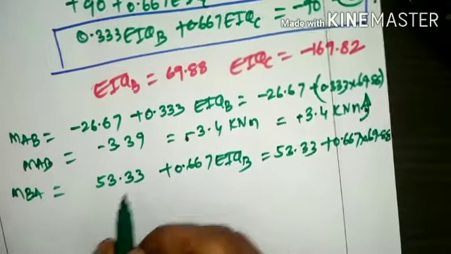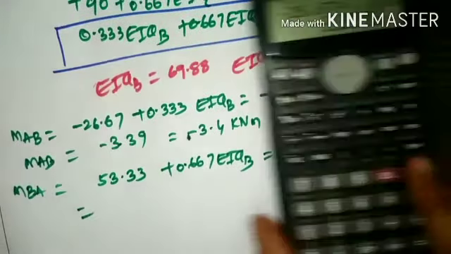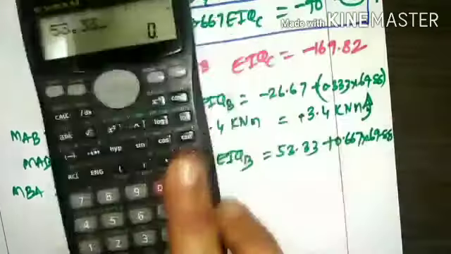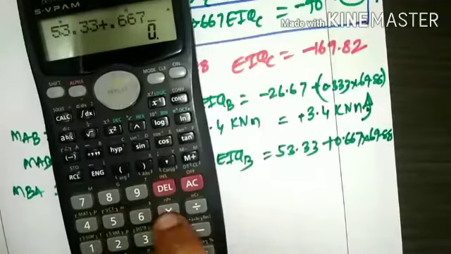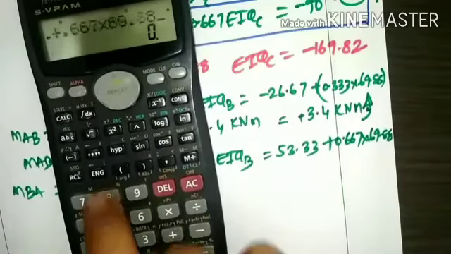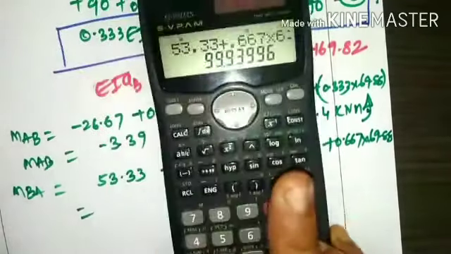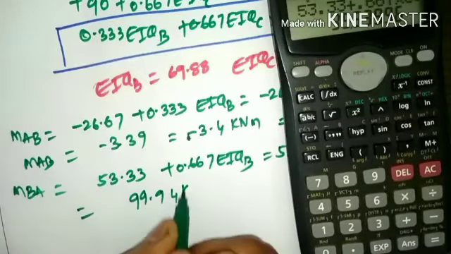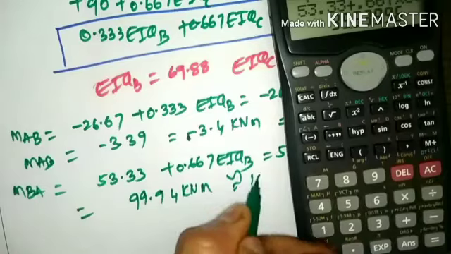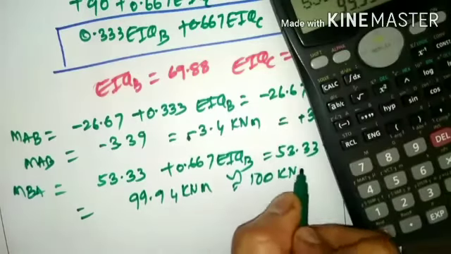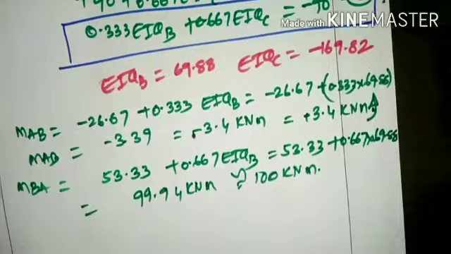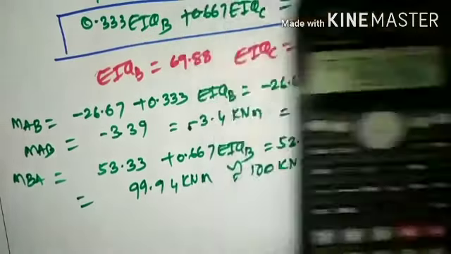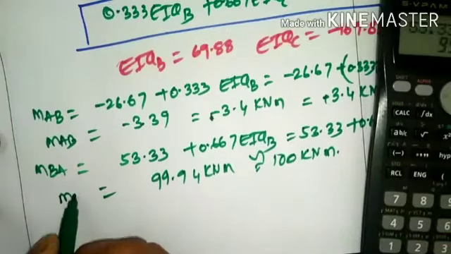This value comes out to 99.94. You can also take it as approximately 100 kilonewton meter if required. Rounding off: during practical analysis, we round it off to the higher digit. So you can consider it as 100 kilonewton meter, which is MBA.